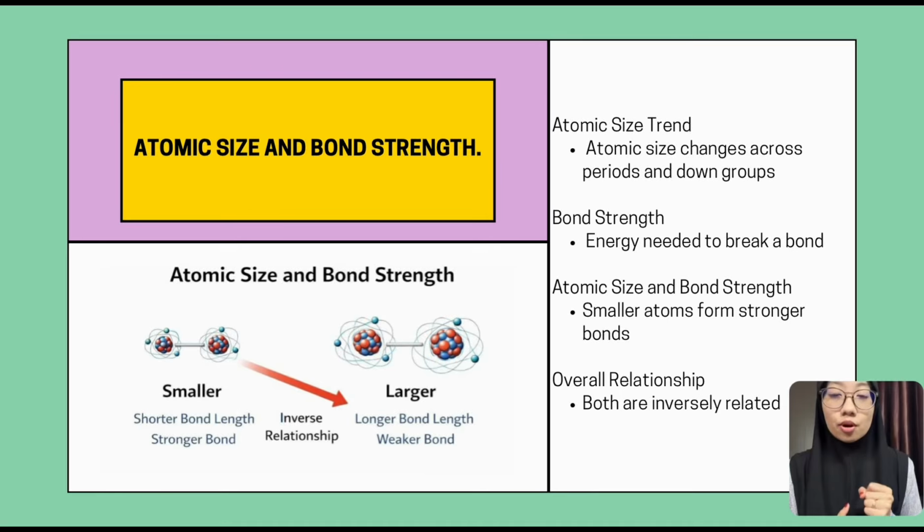Smaller atoms form stronger bonds because their bonding electrons are closer to the nucleus, while larger atoms form longer, weaker bonds. In short, atomic size and bond strength are inversely related. Smaller atoms make stronger bonds, and larger atoms make weaker bonds, which explains trends in stability and reactivity.